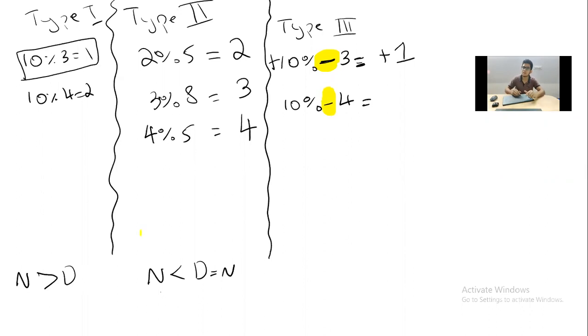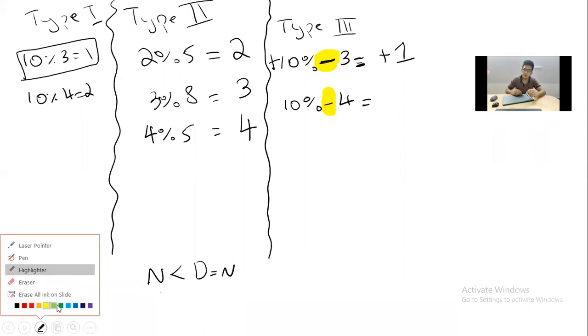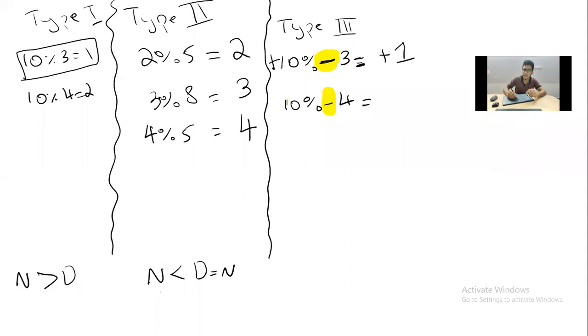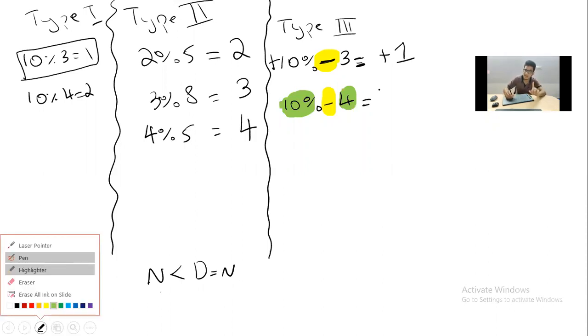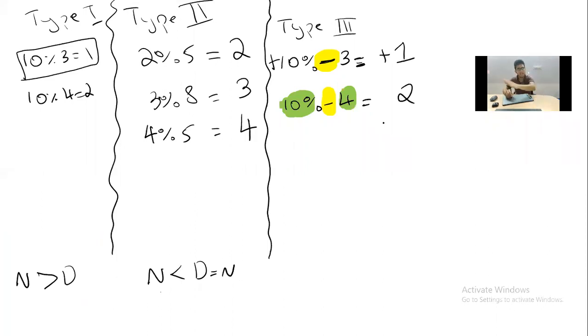After ignoring them, ask this question: what is 10 mod plus 4? 10 mod 4 is 2. So you first write the answer as 2. After writing the number 2, you see the sign of the numerator. The sign of the numerator is plus. That is why it is plus 2.